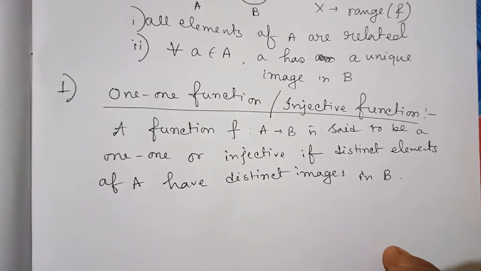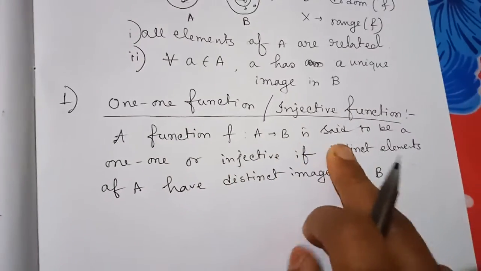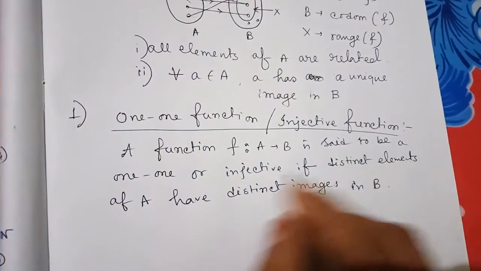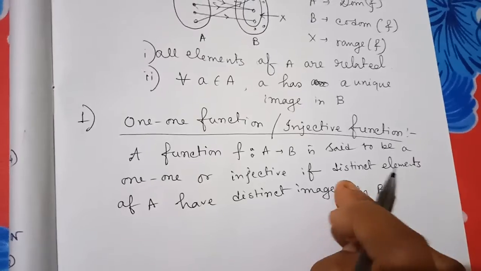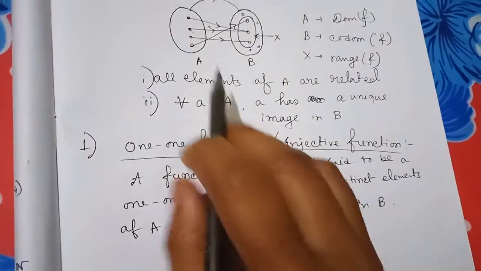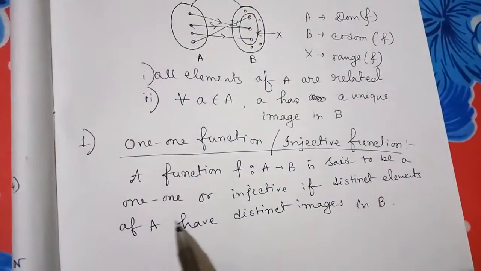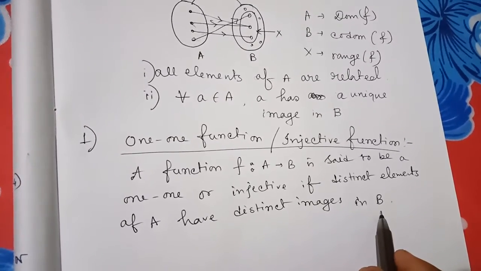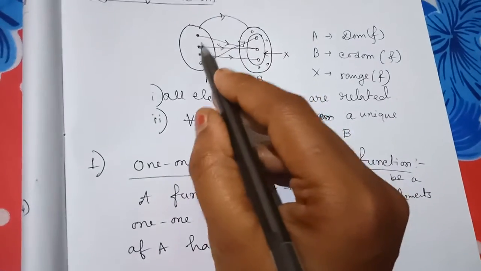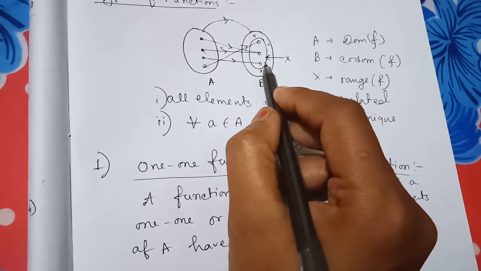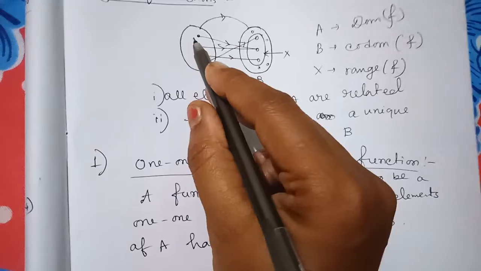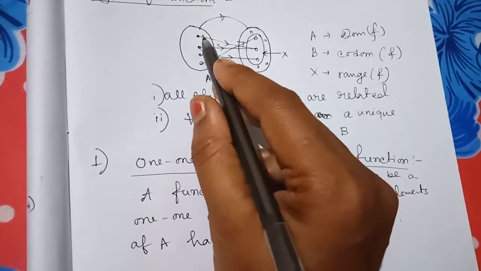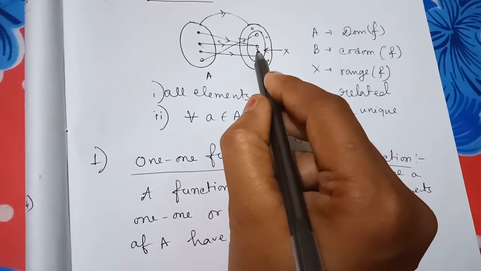Okay, I'm repeating. A function f from A to B is said to be one-one or injective if distinct elements, that means we take two different elements of A, have distinct images in B. Now look at this. I think you can see for this first and second, if we take these two different elements, we will be getting the same image.